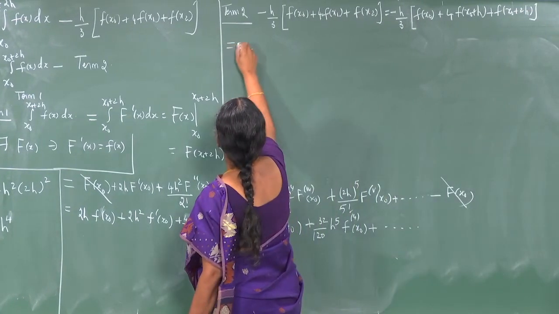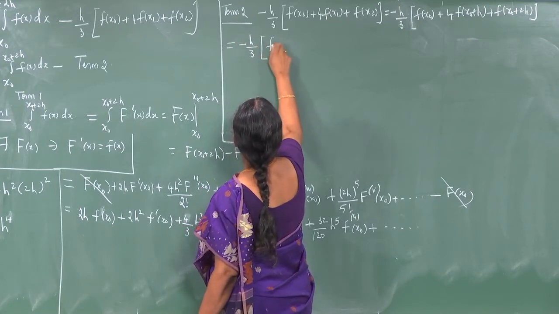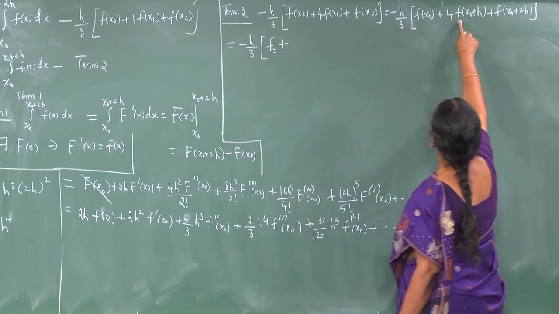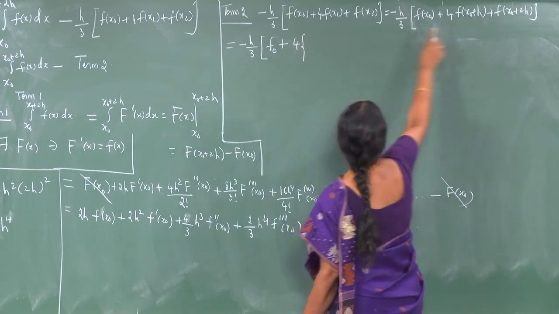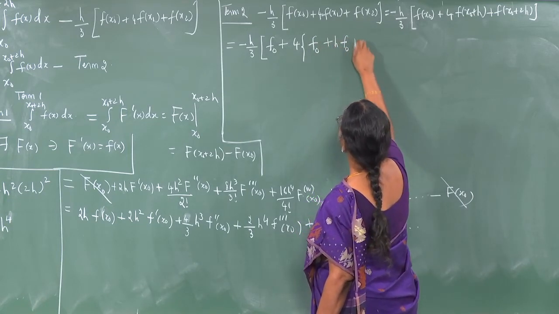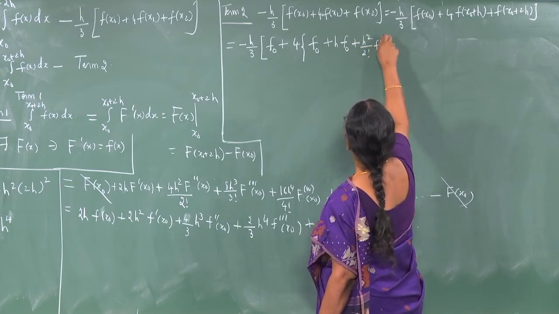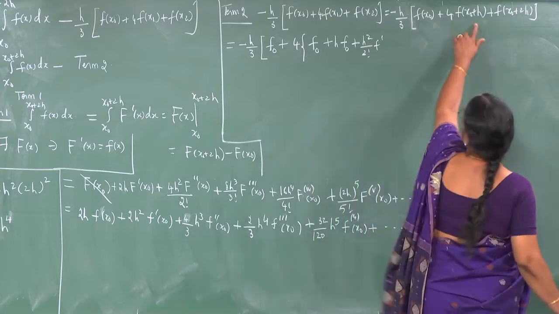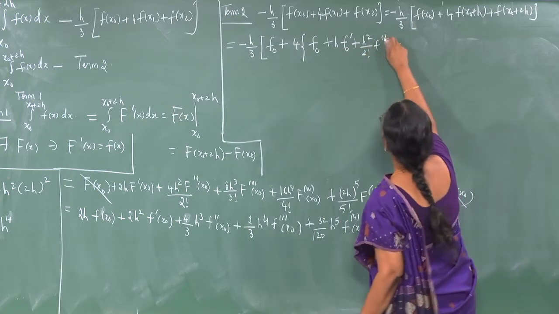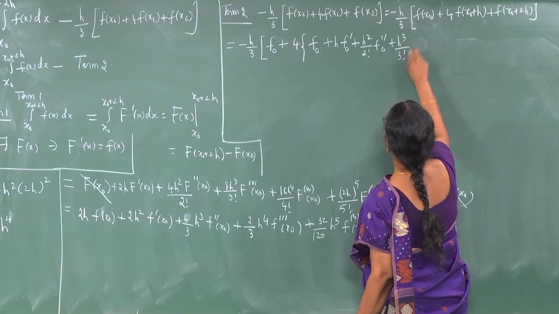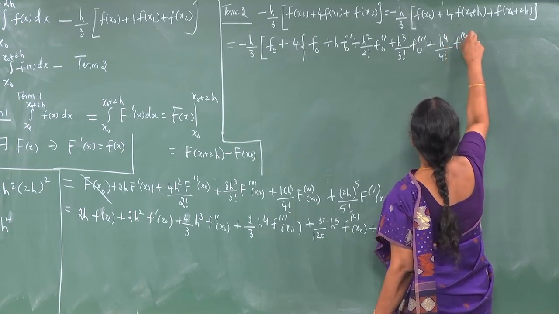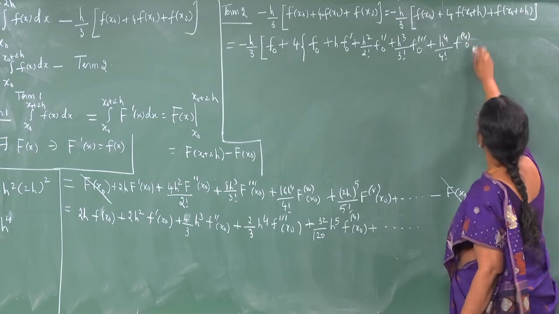So, I shall use the following notation, namely I shall write f of x naught as f naught, right, and then I expand 4 times f of x naught plus h is f of x naught plus h into f dashed at x naught plus h square by factorial 2 f double dashed at x naught, h cube by factorial 3 f triple dashed at x naught, h power 4 by factorial 4 into fourth derivative at x naught plus etc.